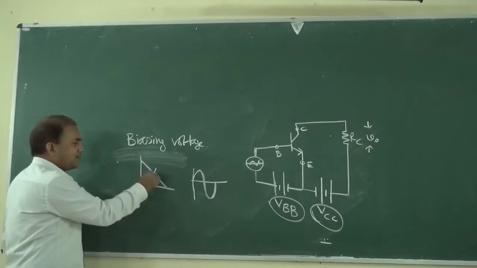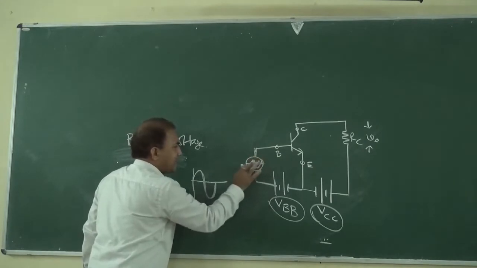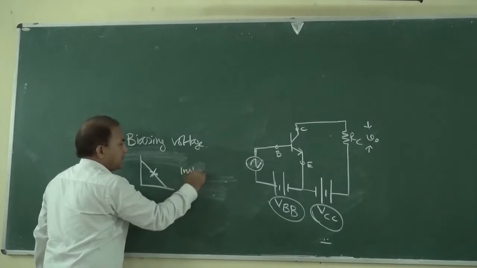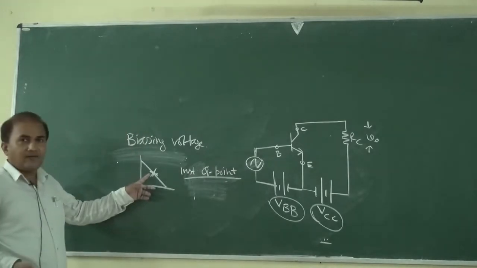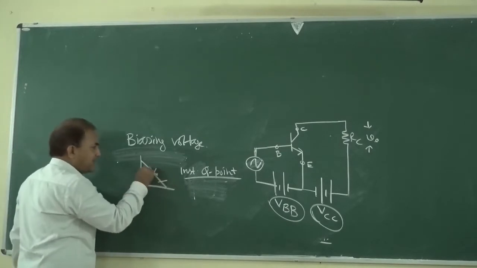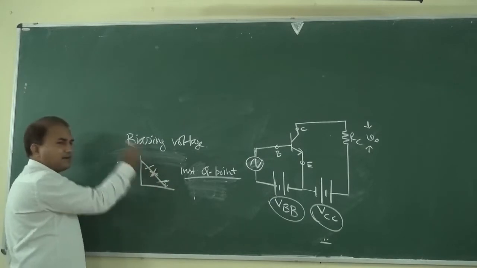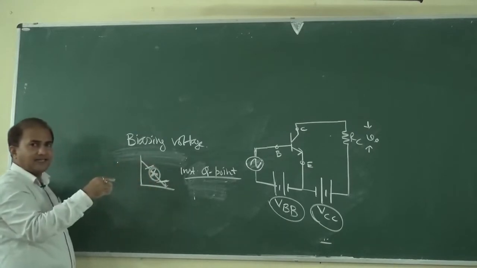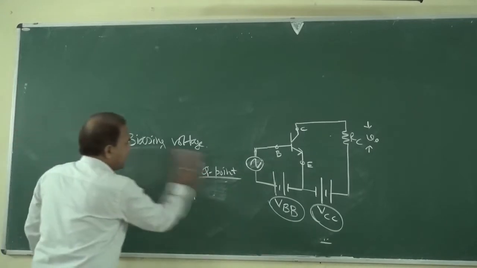If the signal is applied, the instantaneous Q point will move, but its maximum limit should not go below the cutoff point or above the saturation point. The Q point should lie in the active region for faithful amplification. So biasing is required.